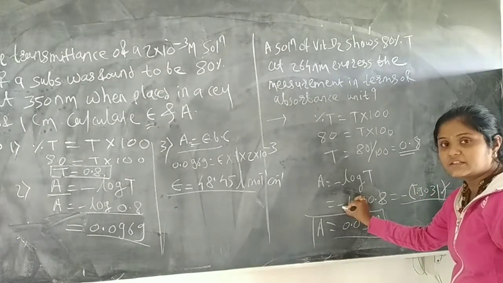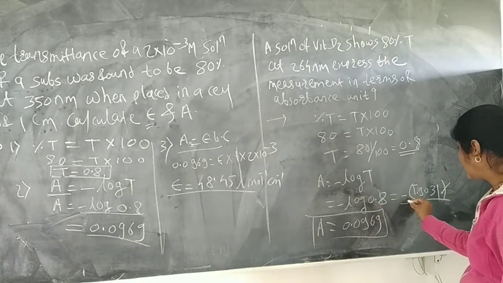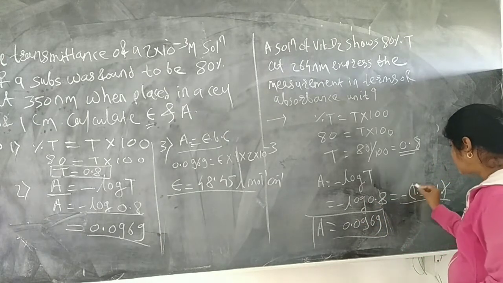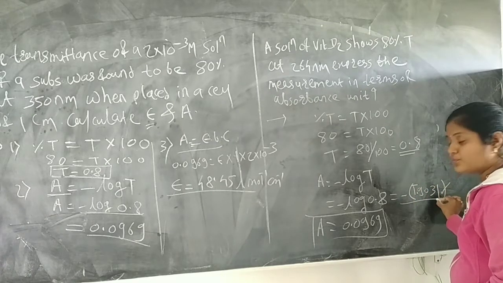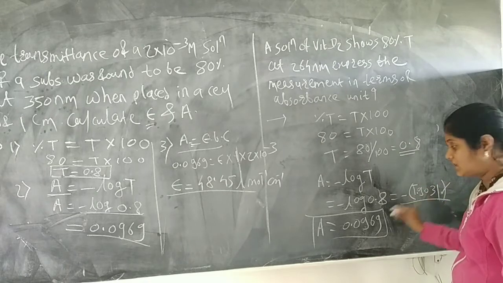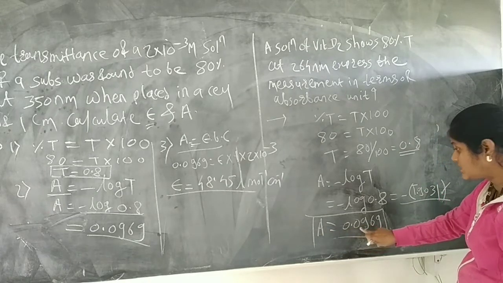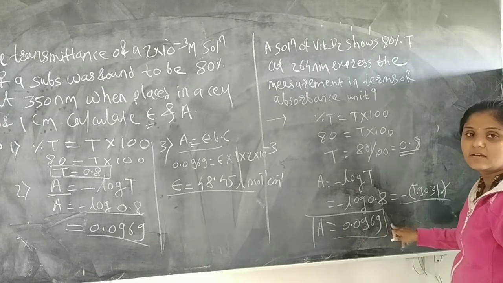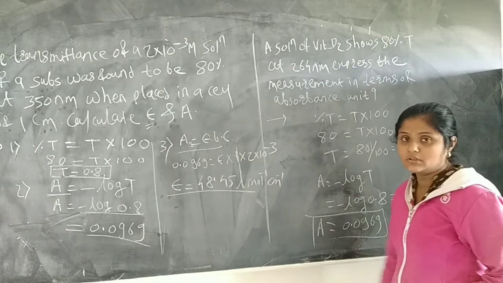We have to take the logarithm of 0.8. After taking the logarithm, we get the value 1 bar 0.9031, and then we take its antilog. After getting the antilog, we have the absorbance A equal to 0.0969. So this is the solution of this particular problem.